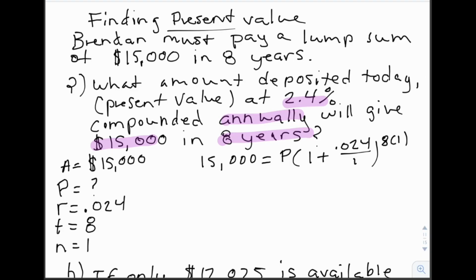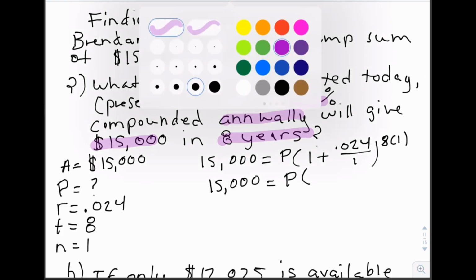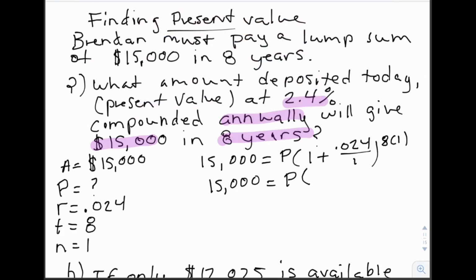So if we do some computations to simplify it, we still have the 15,000, and that's going to be equal to P times, and this middle portion here is actually going to simplify to 1.024 raised to the 8.